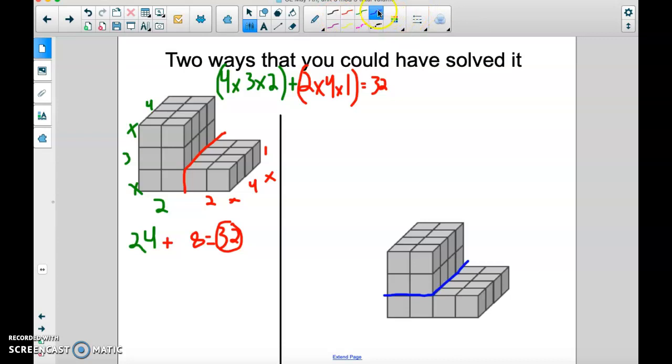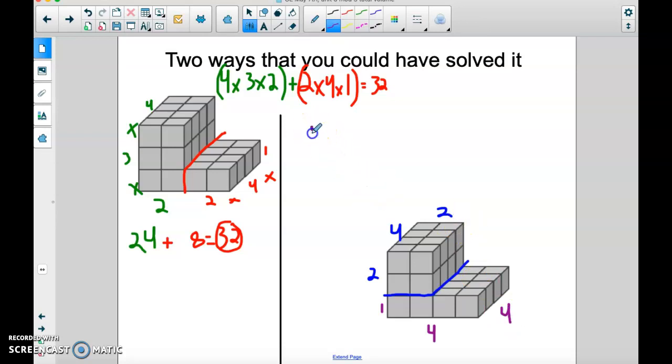So now I just go solve for the volume, right? So this would be a 2 by 4 by 2. And then, let's go with purple. This would be a 4 by 1 by 4. Okay?